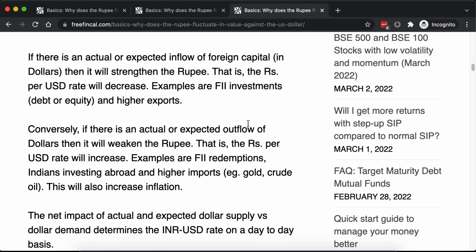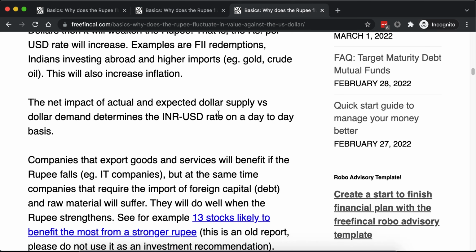And of course, when the oil or the fuel prices increase, the inflation will also correspondingly increase. So it is this net impact of the actual and expected dollar supply versus dollar demand that determines the INR USD rate on a daily basis.